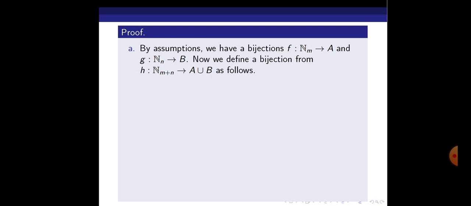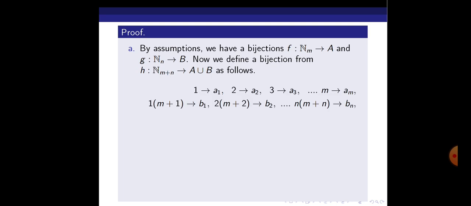We have to prove that A union B consists of m plus n elements. So, what we have to do is define a bijection h from N_{m+n} onto A union B. We define this bijection using the functions f and g. For our convenience, we choose the elements of A as a1, a2, a3, etc., am, and the elements of B as b1, b2, b3, etc., bn.